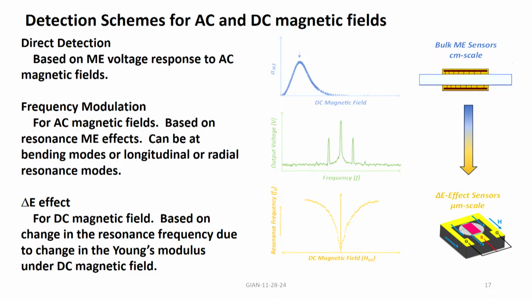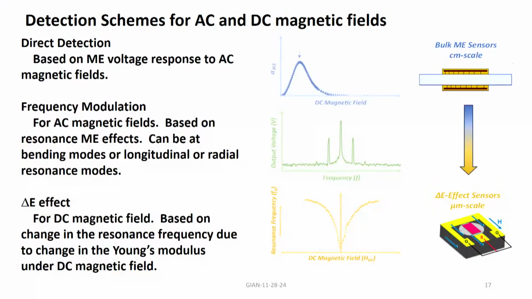Then what about measuring the DC magnetic field? We use what is called delta E effect, and it is a well known effect, and if you are not familiar with it, you can look up Wikipedia or any textbook. So, if you apply a magnetic field to a system under mechanical resonance, then the DC magnetic field will produce a change in the Young's modulus that will show up as a small shift in the resonance frequency.